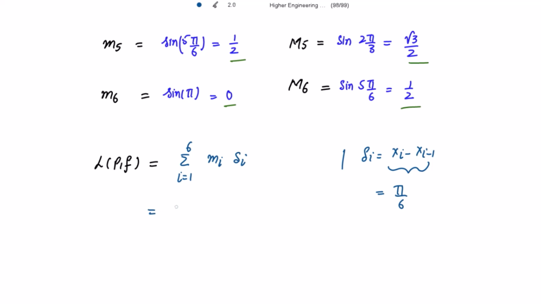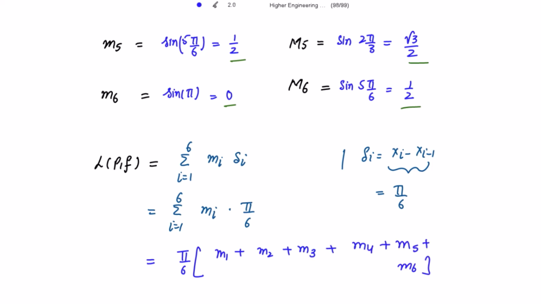So this is equal to summation i going from 1 to 6 of small mi into pi by 6. So now finding this, I take pi by 6 outside and write m1 plus m2 plus m3 up to m6. So let's put all the values of mi's. So this is equal to pi by 6.